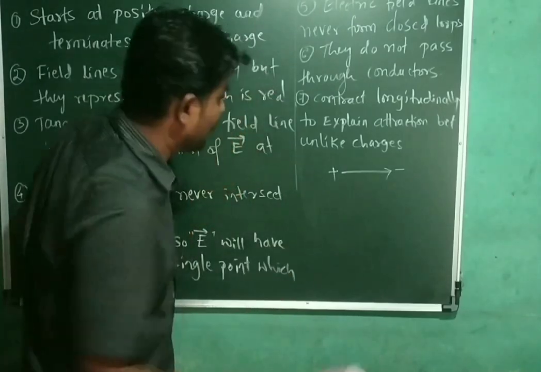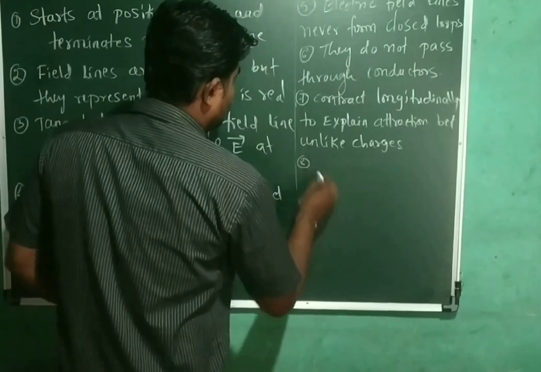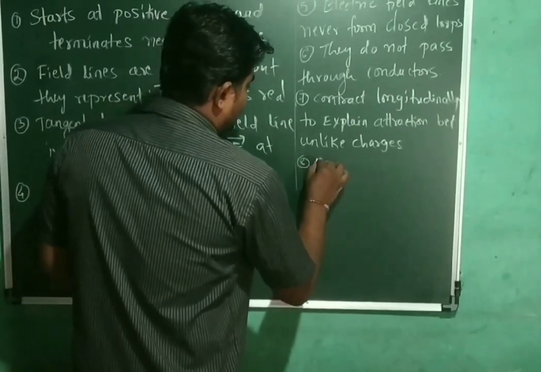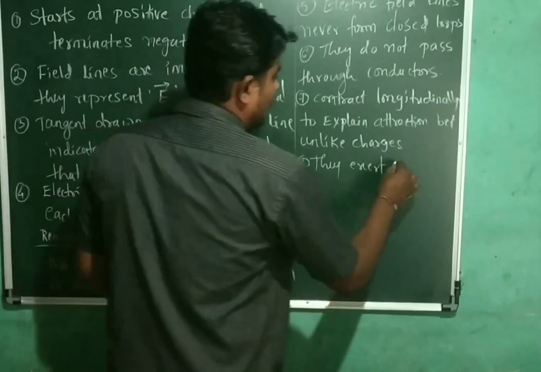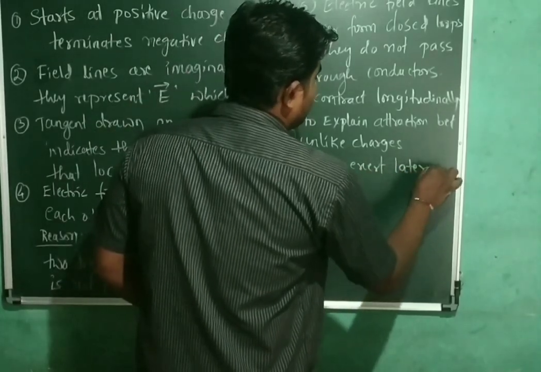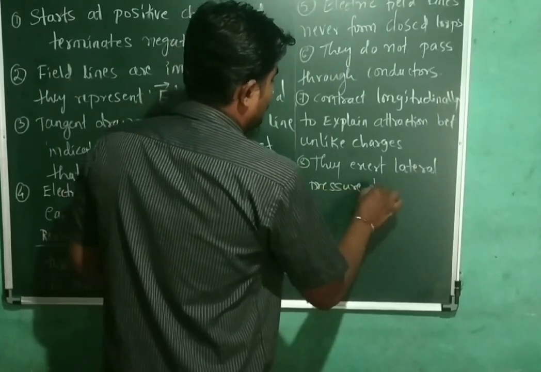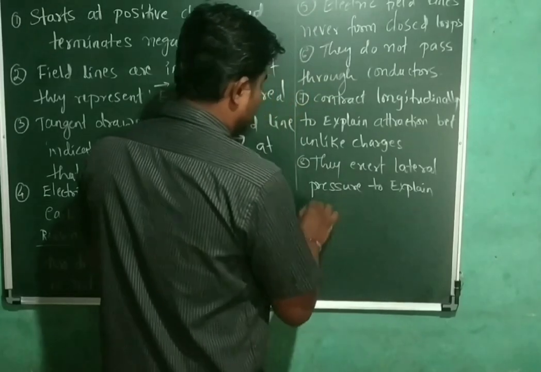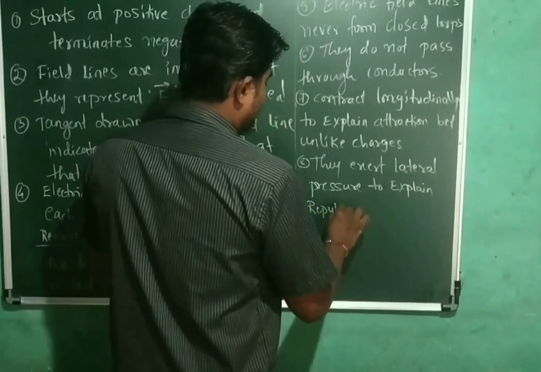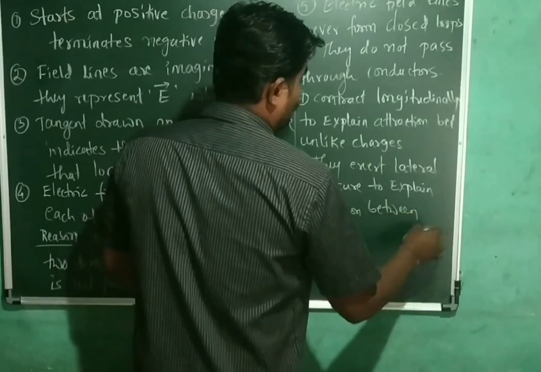And the eighth property: they exert lateral pressure to explain repulsion between two charges. What kind of charges?